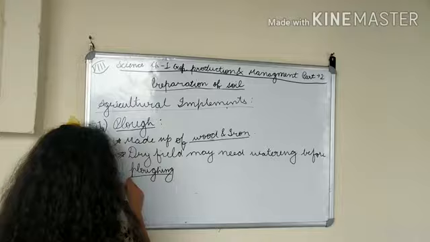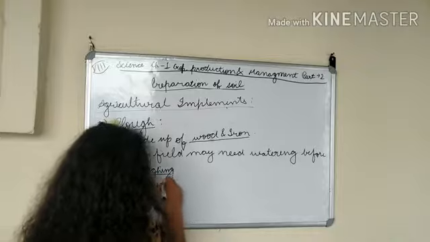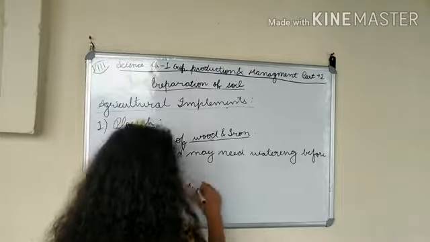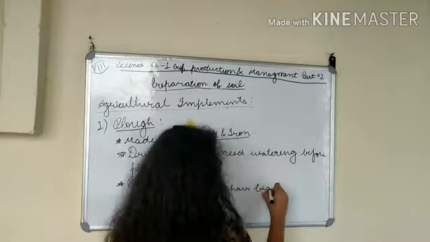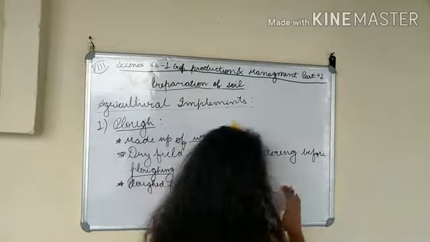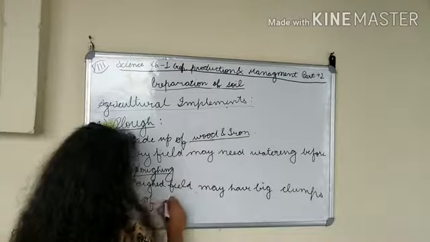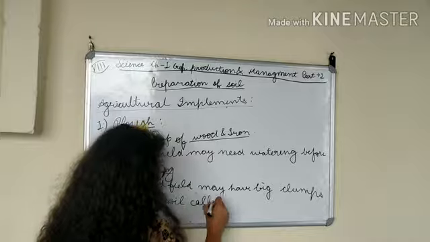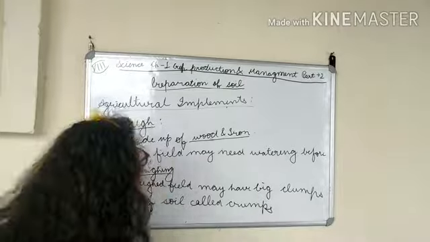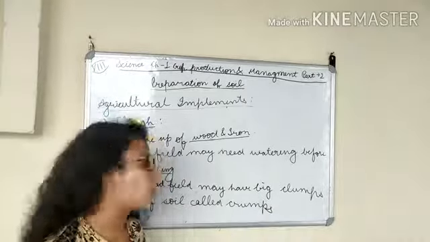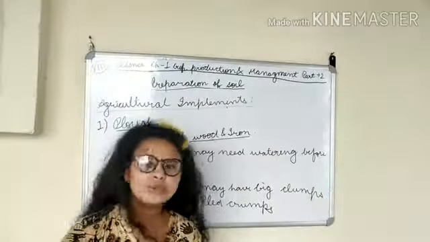Right? Now, a plowed field may have big clumps of soil called crumbs, and it is very necessary to break the crumbs. Right? It is very necessary to break crumbs.